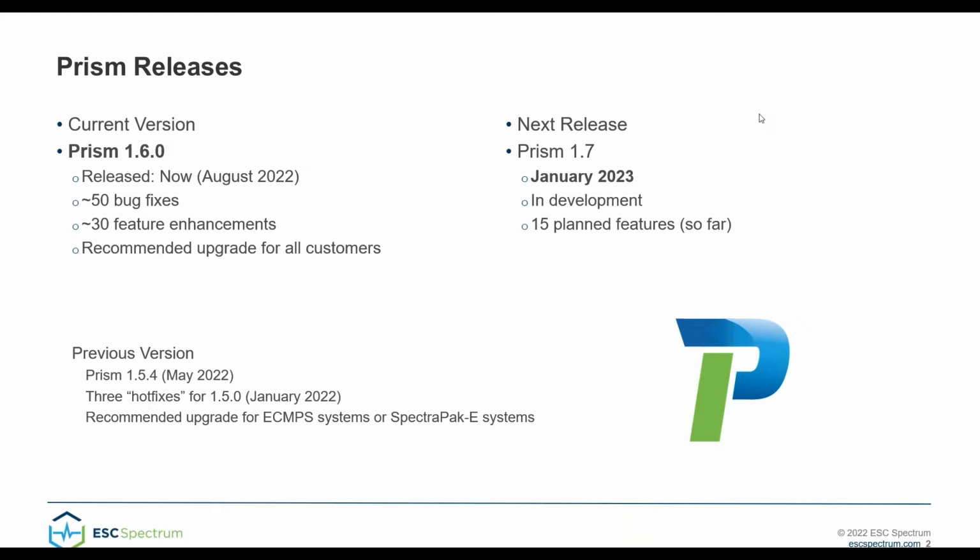So if you have 1.5.0, I would definitely recommend going to 1.6 or at least 1.5.4, to get rid of some of those bugs, especially if you have an ECMPS reporting system or a SpectraPack E system. There were a couple of bugs in 1.5.0 that do require an upgrade.